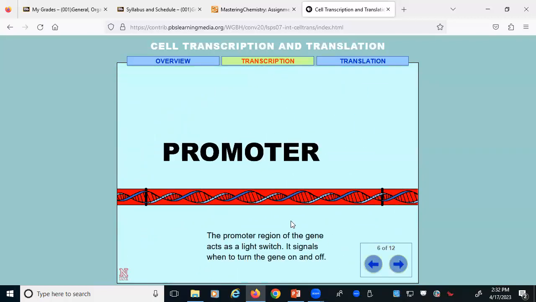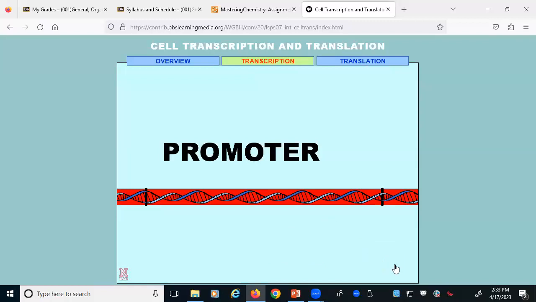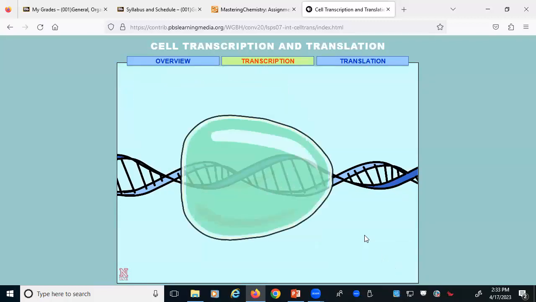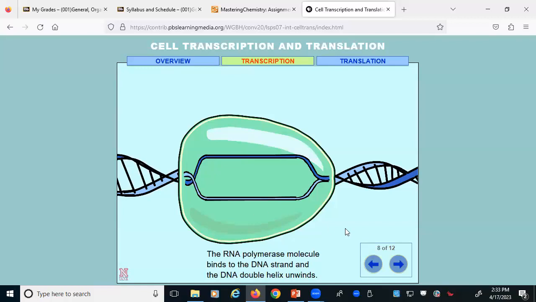And so if we look at this just a little bit closer, here's the promoter region. This is the part that is going to tell the gene to come on or come off. The RNA polymerase is going to recognize the promoter based on chemical markers. It's going to attach itself.